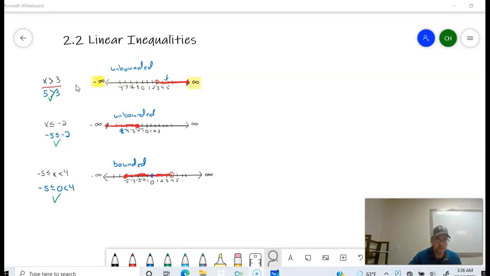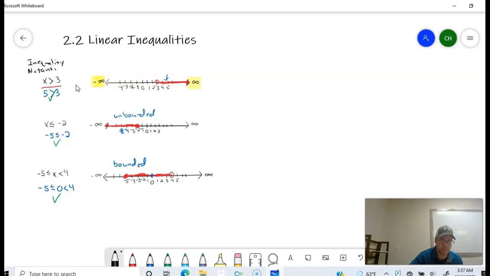Okay, so there are several different ways we can present an inequality. We've seen two ways. The first way is called inequality notation.